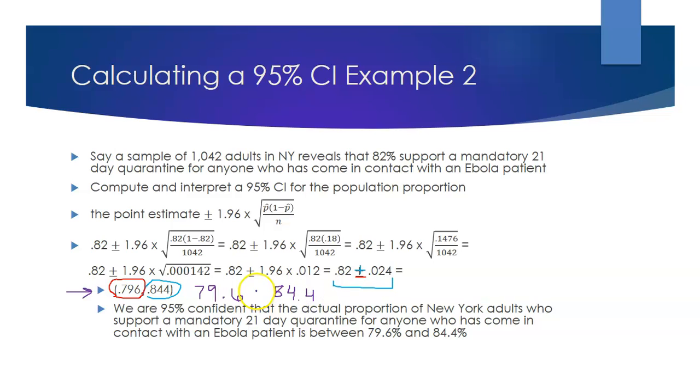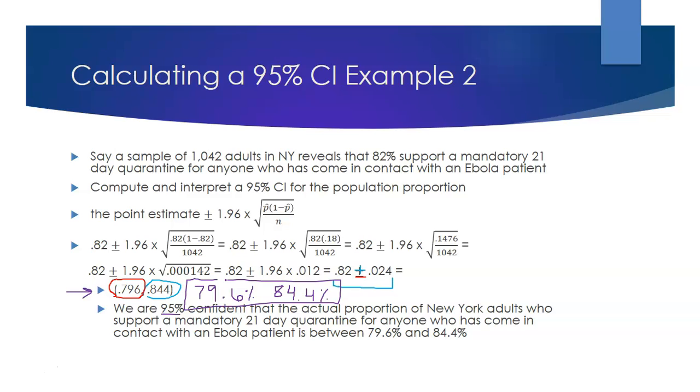So, how we actually interpret that confidence interval for this sample proportion is that we are 95% confident that the true or real proportion of adults who live in New York who support a mandatory 21-day quarantine for anyone who's come in contact with someone who has Ebola, is somewhere within this range, right? So somewhere between 79.6% and 84.4%.